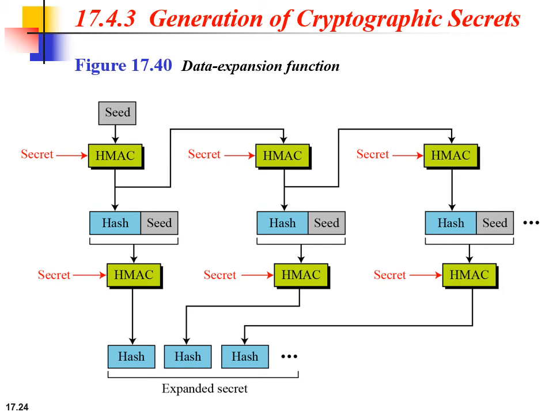This function can be considered a multi-section function where each section creates one hash value. The extended secret is the concatenation of the hash values. Here each section uses two HMACs, a secret and a seed. The data expansion function is the chaining of as many sections as required. However, to make the next section dependent on the previous one, the second seed is actually the output of the first HMAC of the previous section.